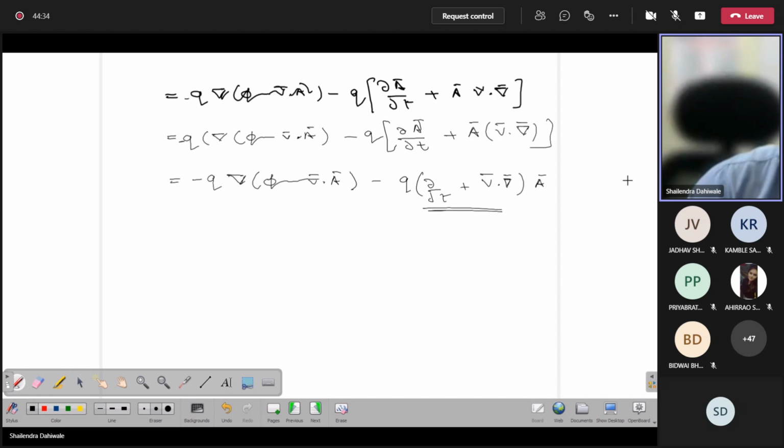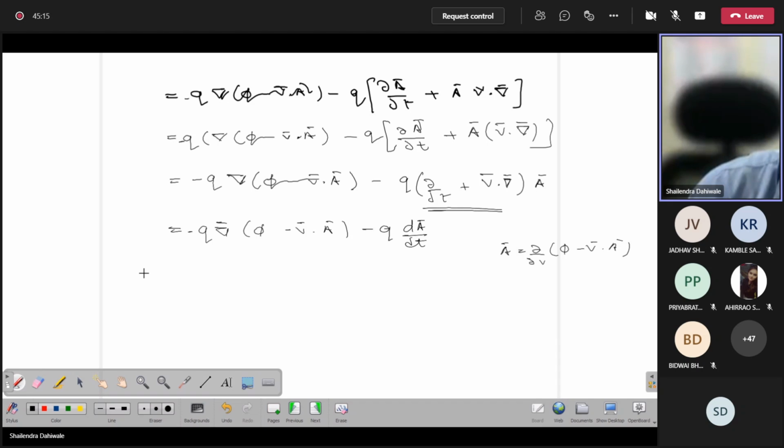In the final form you can write F as minus q del of phi minus v dot A, minus q dA/dt, and dA/dt we can write using del del v of phi minus v dot A. So same thing as we did before.